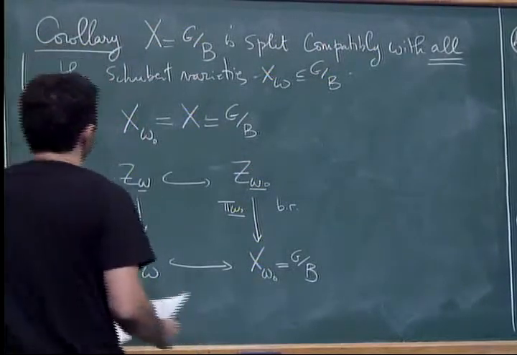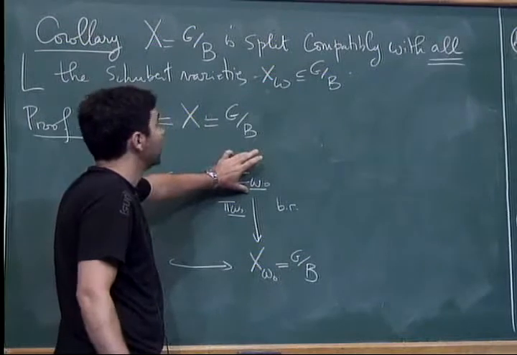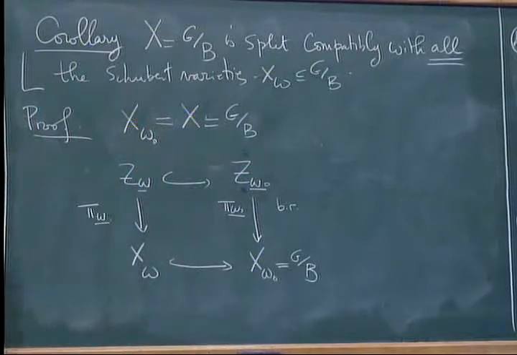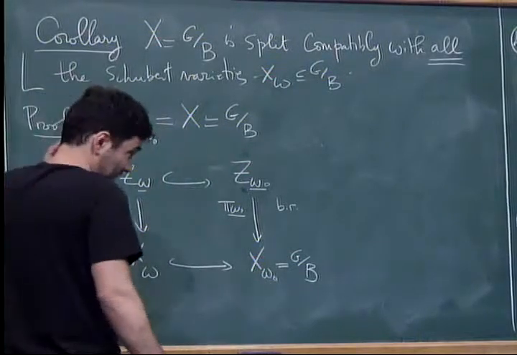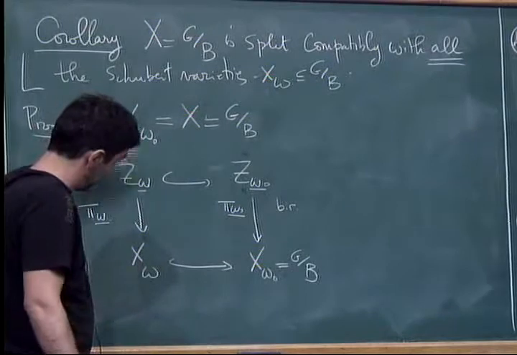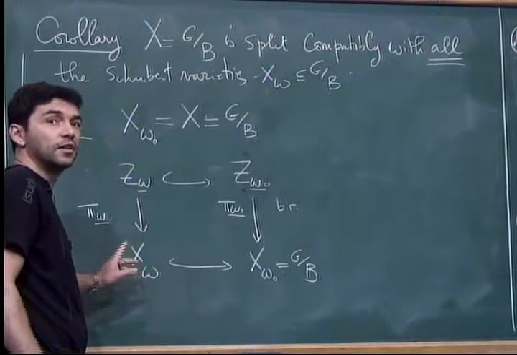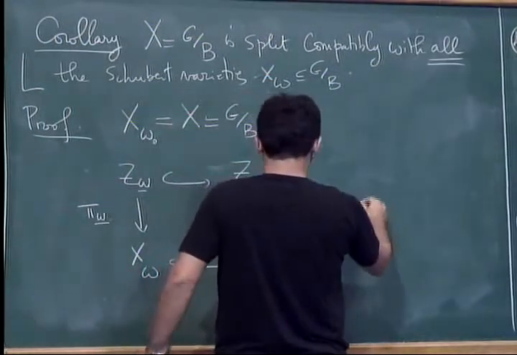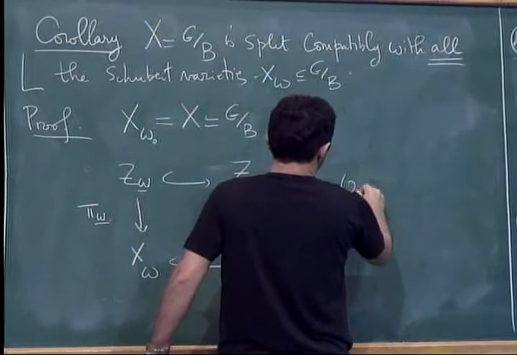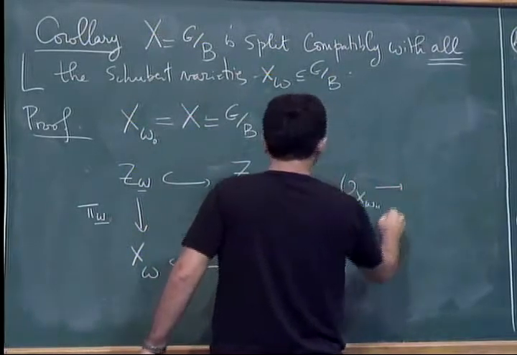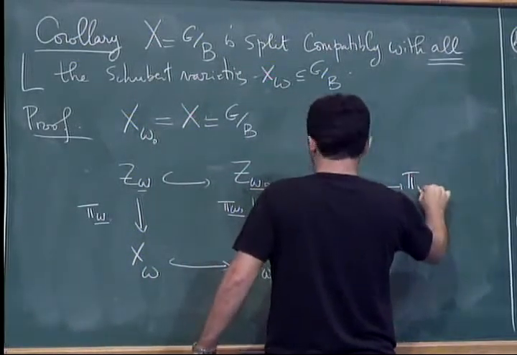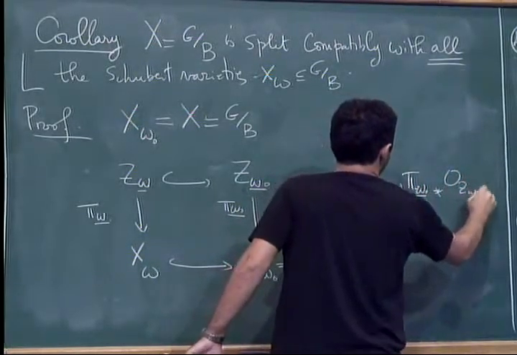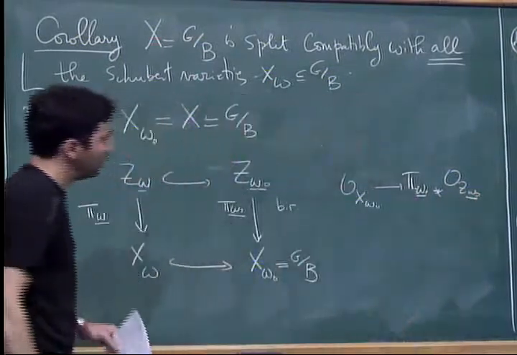We know that Z omega node splits compatibly with all the Z omega. This is the previous result. And we saw maybe on Tuesday too that we get the same result downstairs, just assuming that the natural pullback is an isomorphism; that is the only thing one has to check.